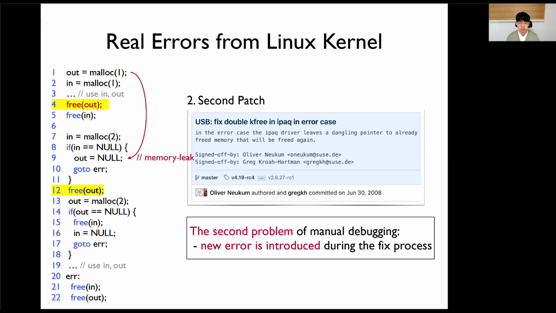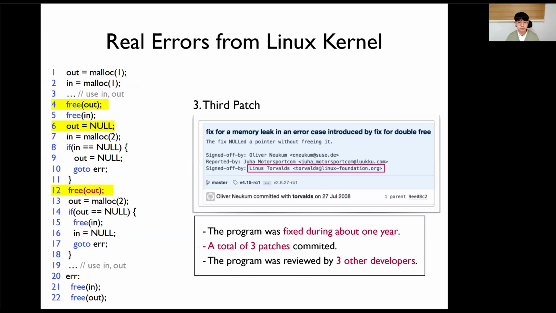This is the second problem of manual debugging. While developers manually fix errors, they can introduce new unexpected errors which do not exist in the original source code. So this memory leak was reported by another developer, and the original developer generated a third patch.